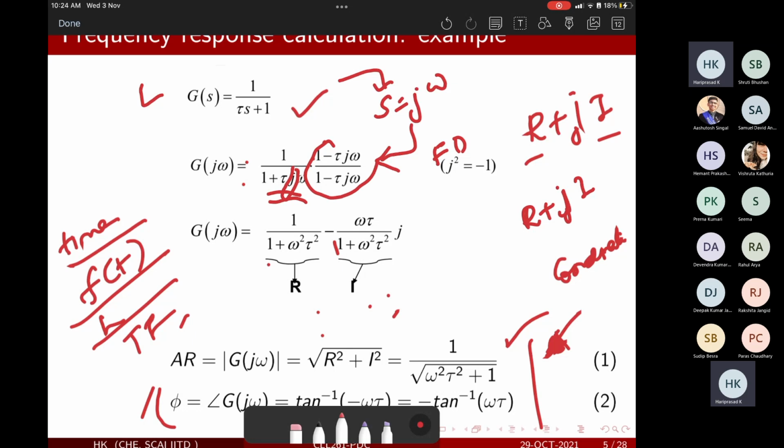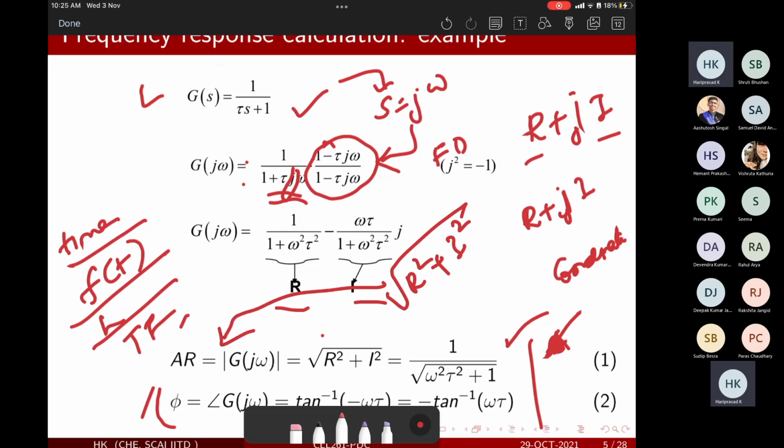So how to do that? You have to multiply and divide by the complex conjugate. When you do that, you will be able to isolate the real part and the imaginary part separately. Once you have them, the square root of r square plus i square would give you the amplitude ratio.